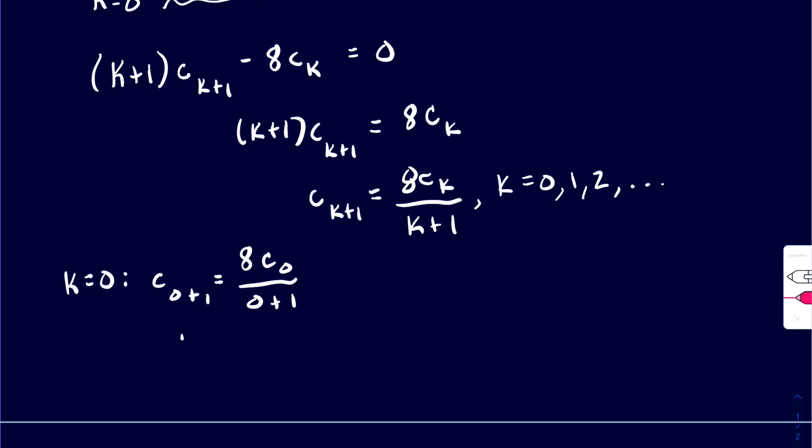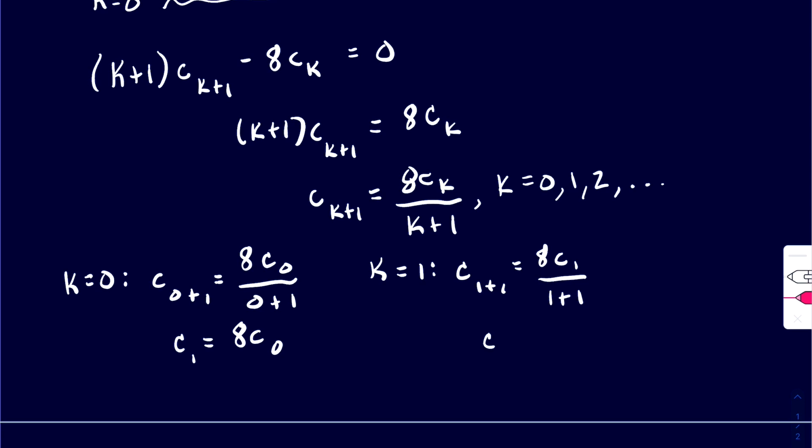So c1 will equal 8c0. Now let's look at k equal to 1. That's going to give us c sub 1 plus 1 is equal to 8c1 over 1 plus 1.